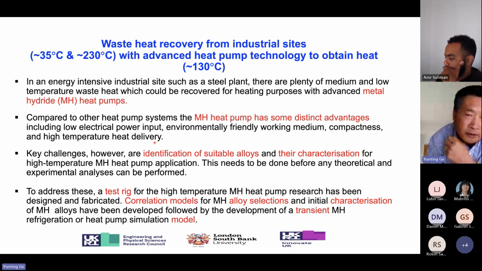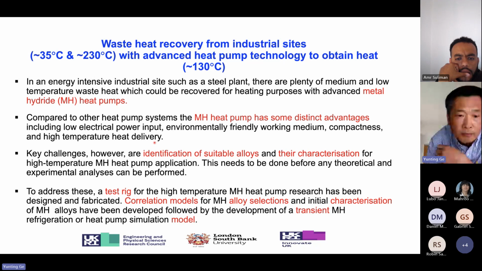To achieve this target, there are some challenges to be addressed. The first challenge is to identify what type of metal hydride alloys can be used in this system to meet the operating conditions. Once we have identified the alloys, we need to do characterizations so that we can utilize them properly in the system.